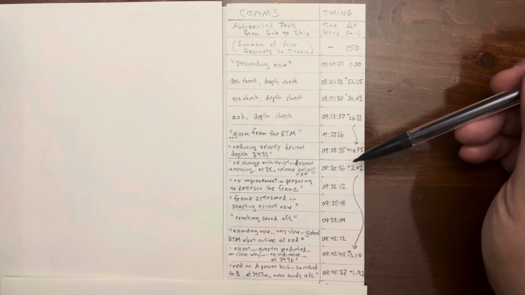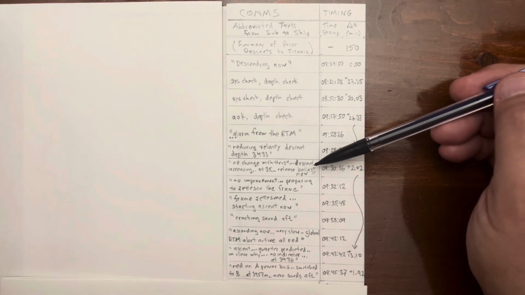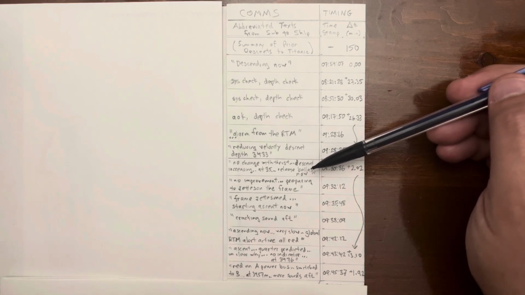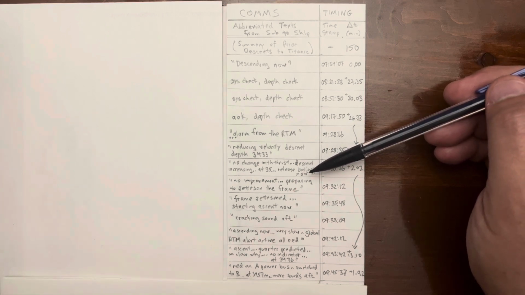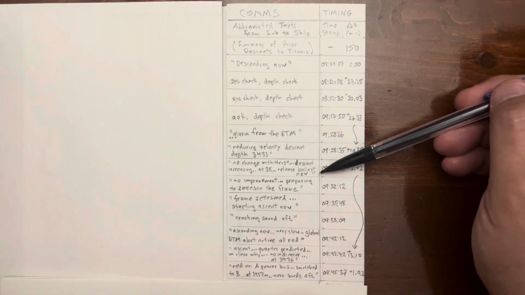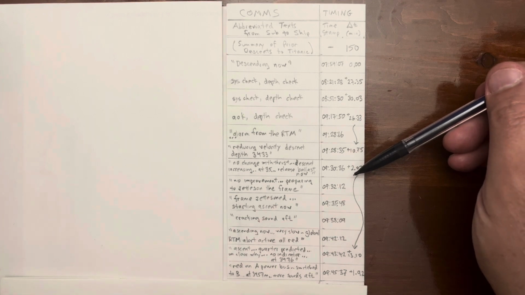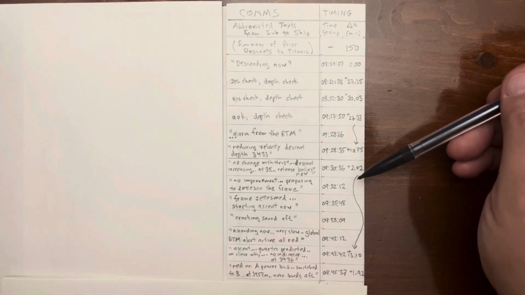And then only about 2 minutes later, he transmits "no change with thrust, descent increasing at 35," to which he must be saying, at 3,500 meters roughly, release ballast now. So at this point, at 09:30:36, he cut loose those ballast pipes that hang off the bottom of the submersible.